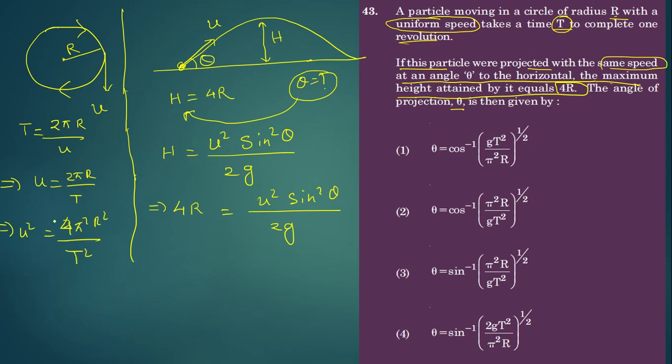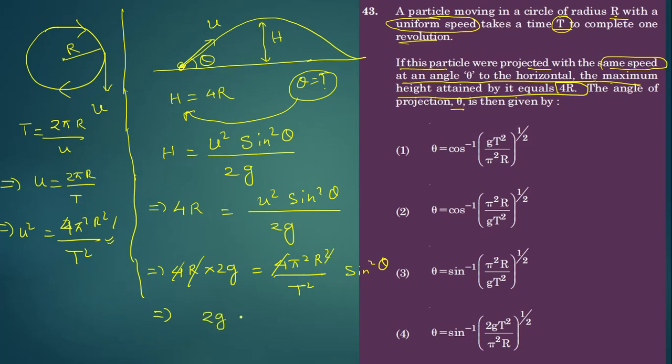Now this value of u square, I will put it here in this equation. So this will be equal to 4r, and let me take this 2g here. In place of u square, I will write down 4 pi square r square divided by t square, then sine square theta. 4 will be cancelled with this, r will be cancelled with this one.